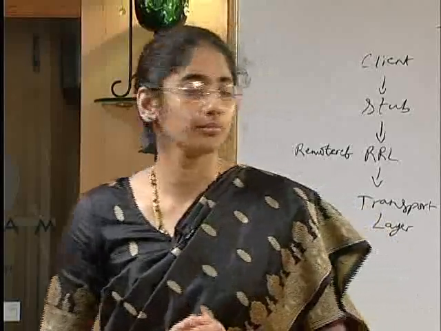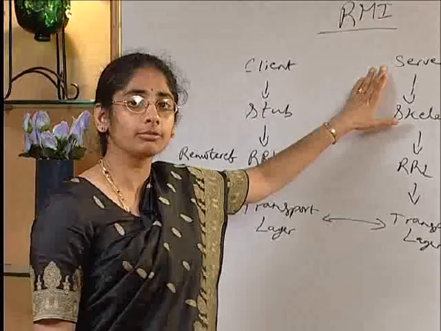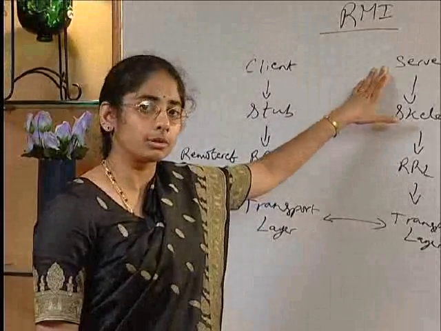Any remote object that has been sent across, it deserializes the stub object and you get the stub object on the server side. And the method call is made, therefore, on the remote object.